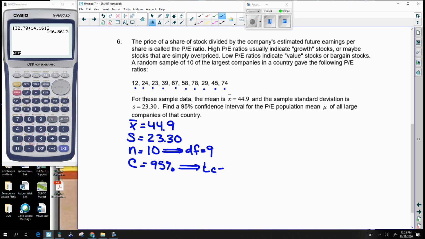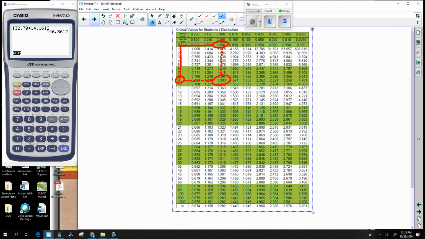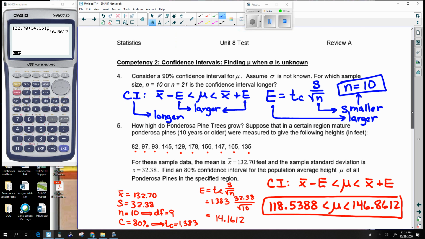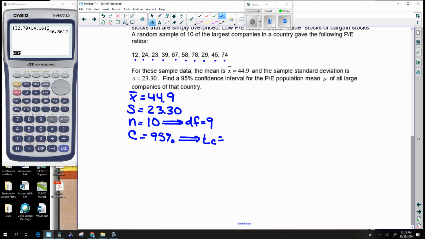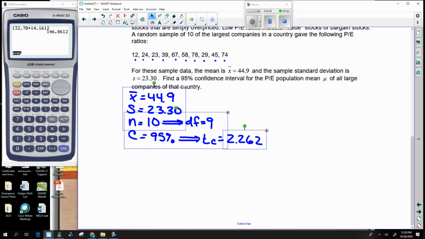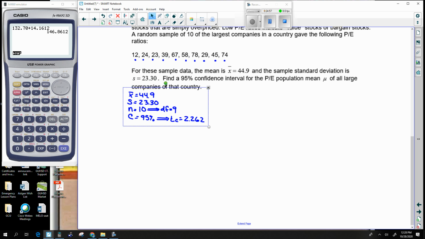And thus my TC, degree of freedom of 9 at 95%, is 2.262. Okay. On to the E.